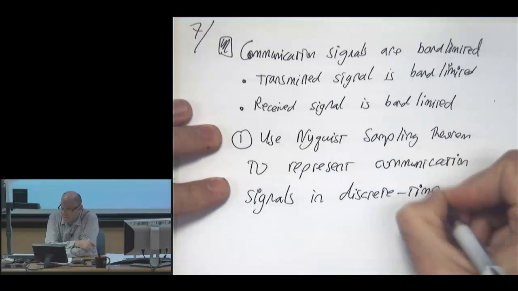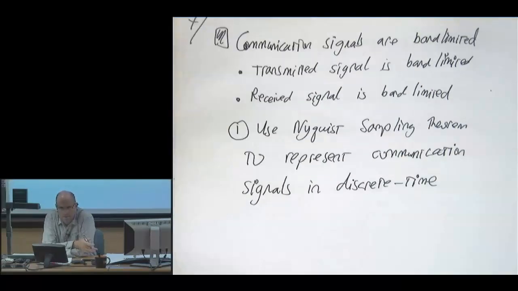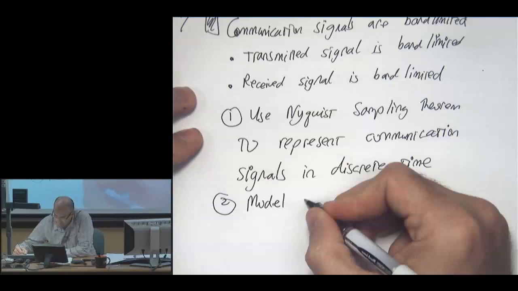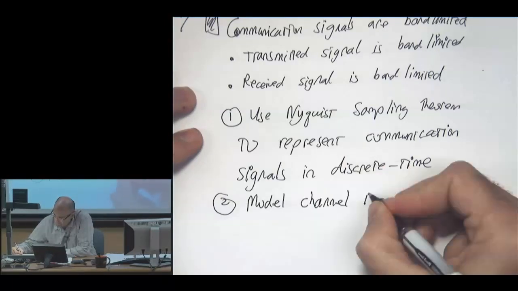This is great because now we inherit all the advantages of discrete time signal processing, and we can use those for communications. And that's all going to come through the sampling theorem. And then, as a byproduct of this, we're also going to model the channel in discrete time.